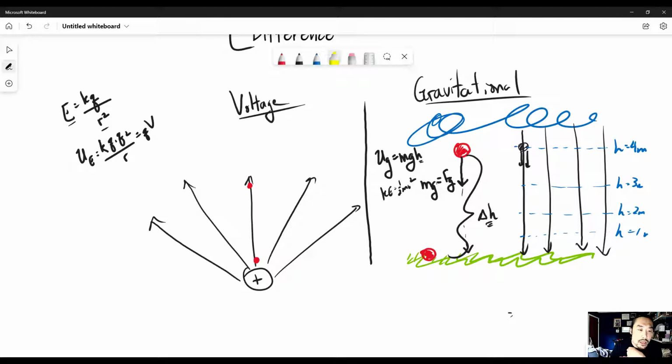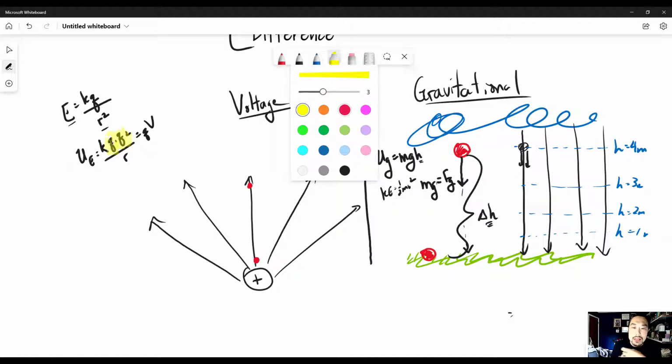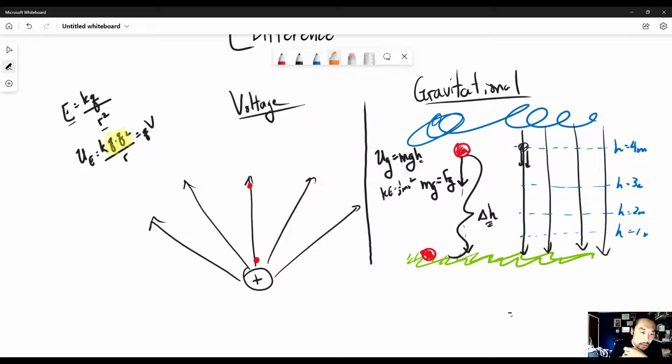What this formula tells us is if we have two charges, one charge producing the field and one charge being a distance away, represented as r, there is electric potential energy stored within the field. Keep in mind that I'm using the word potential energy here, which is different from potential or voltage in this case.